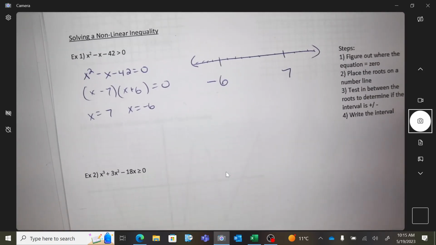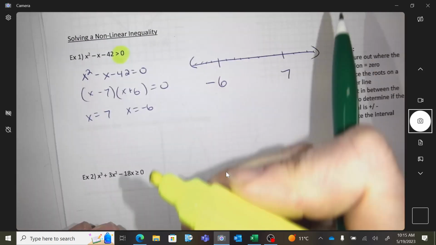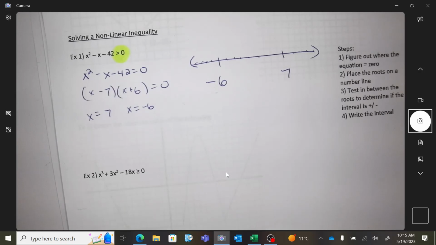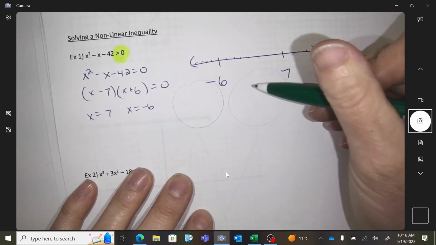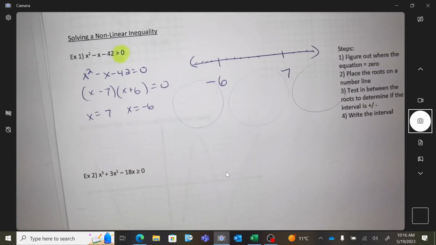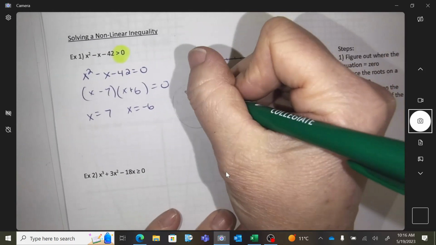Okay, then we're going to figure out where we want to be. So here is where we want to be. We want to be somewhere where it's greater than 0. So we're going to test each zone. We're going to test the 3 zones. So we can either be in this zone, or this zone.